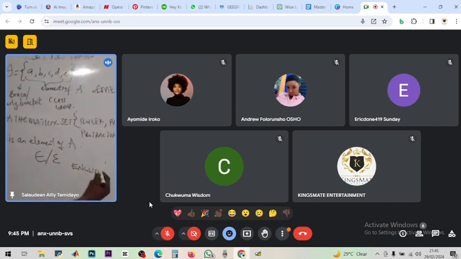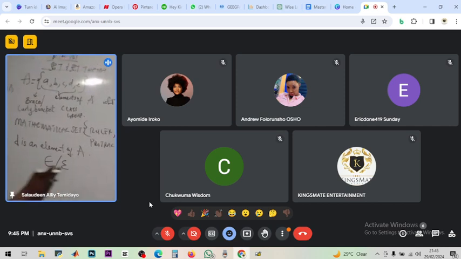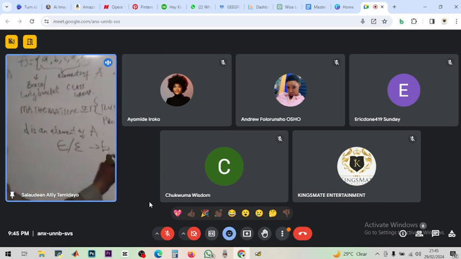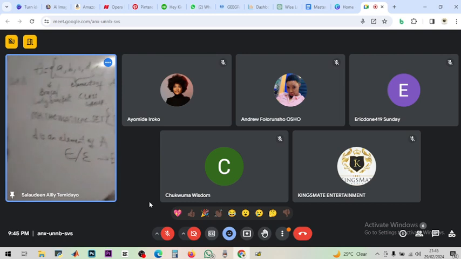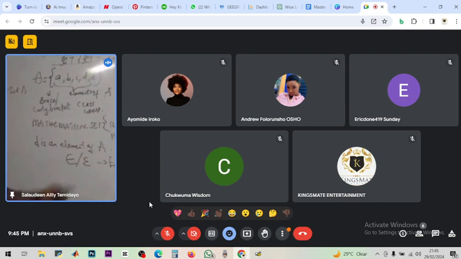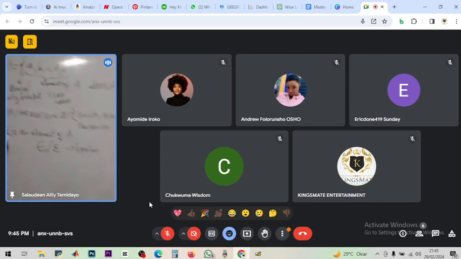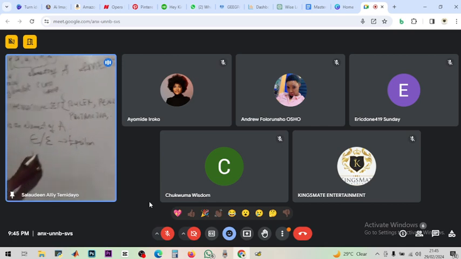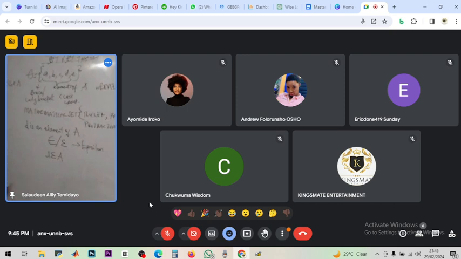Some teachers use this. So I'm talking about this or this. It's a Greek alphabet. It is called epsilon. So d is an element of A means d epsilon A.